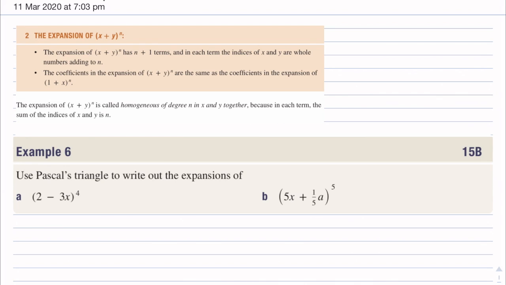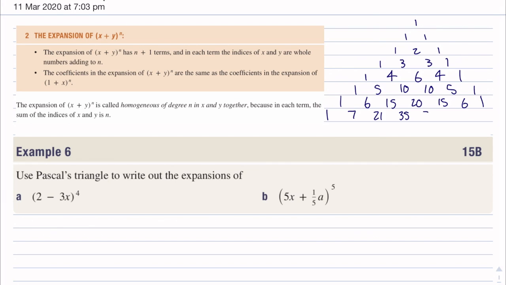Now, it's always handy to have a copy of Pascal's triangle with you when you're doing these. 1, 3, 3, 1, 1, 4, 6, 4, 1, 1, 5, 10, 10, 5, 1, 1, 6, 15, 20, 15, 6, 1. I'll go to 7: 1, 7, 21, 35, 35, 21, 7, 1.